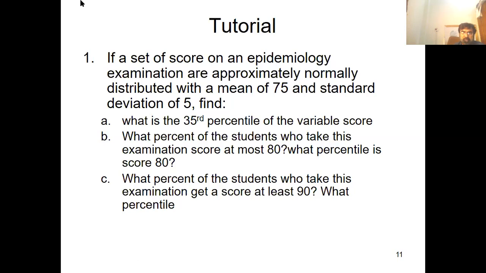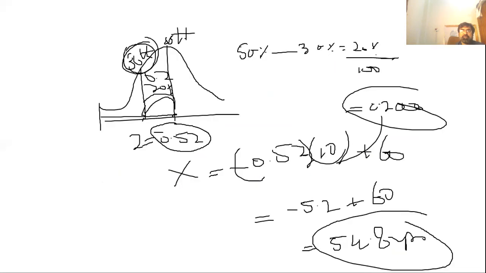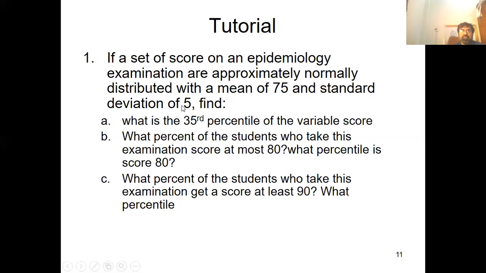Now let's have a look. The mean is equal to 75 with a standard deviation of 5. Now I am noting, extracting the other data as well.